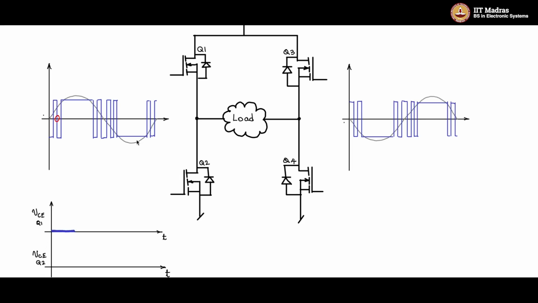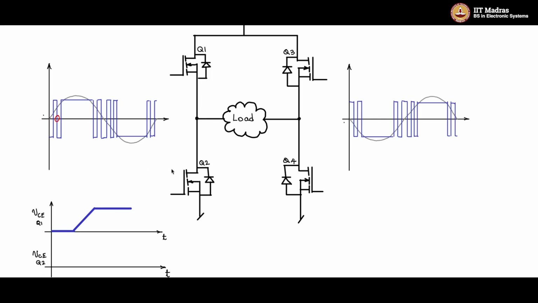And now we are initiating at this point that Q1 should go off, which means that it should start withstanding a voltage. It should go from a short circuit zero voltage condition to a high voltage condition. So eventually you will see that it gradually rises, goes through the linear region and starts supporting voltage, which means it is in the off condition.